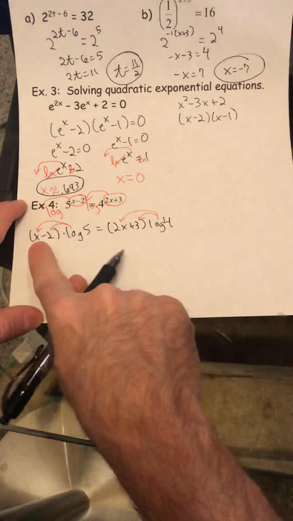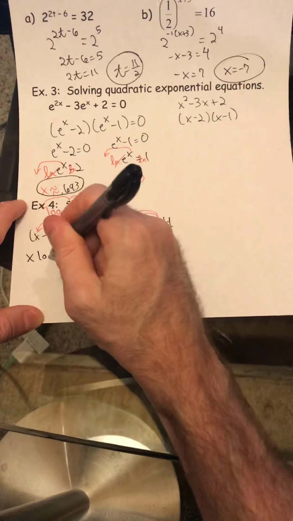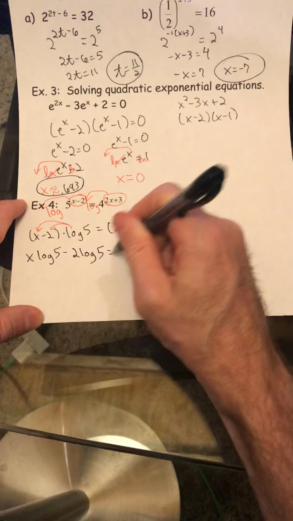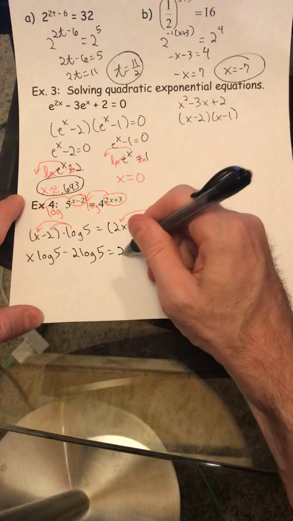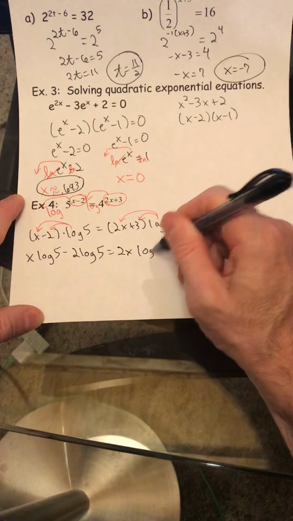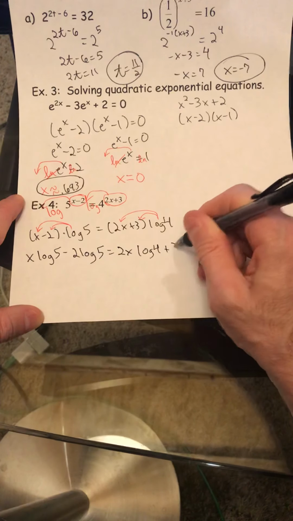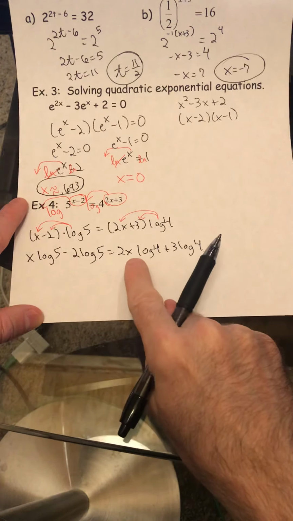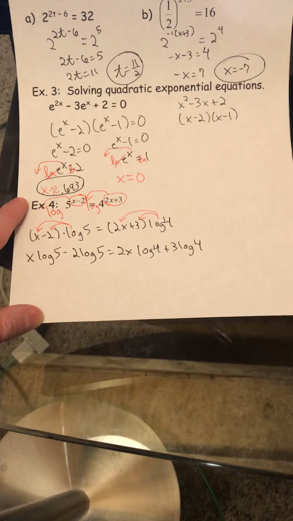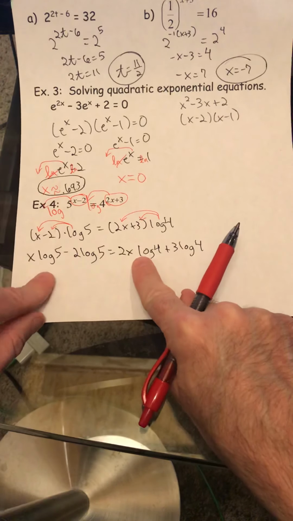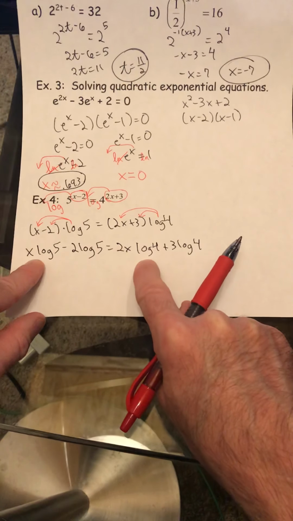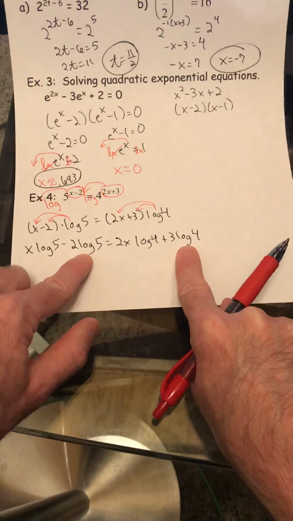All right, so x log 5 minus 2 log 5 equals 2x log 4 plus 3 log 4. So, to now work further, we need to combine like terms. Well, this is a variable expression. This is a variable expression. These are constant terms.